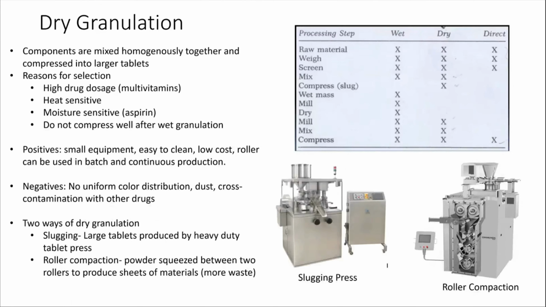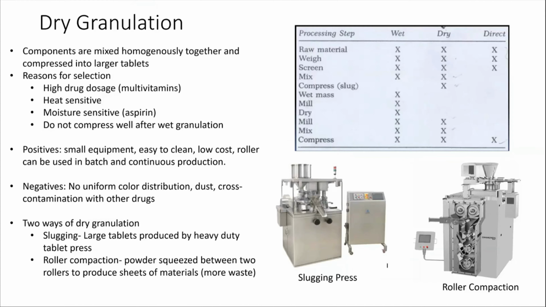So here's dry granulation. This is a lot of information on it. We're not going to need to know all this information. We'll just need to know what it is, maybe one pro and one con. In dry granulation, components are mixed and compressed into larger tablets. So it's mainly used for high dosages.